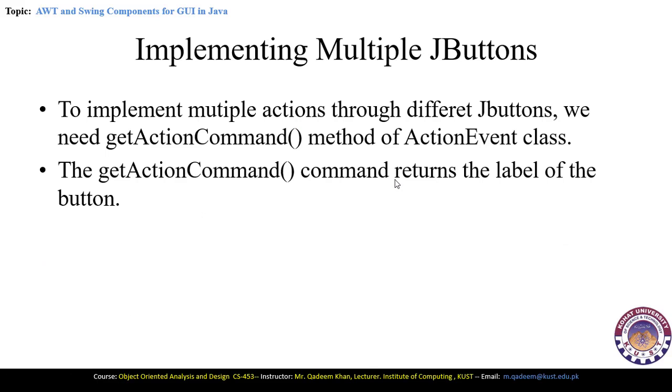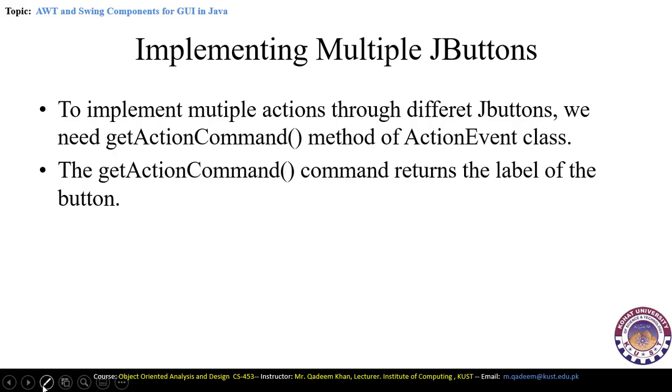This is the output. Now, when you require more than one button in your GUI, you also have to declare two different events or more. So to implement multiple actions for the different JButtons, we need the getActionCommand function, which is a method of the ActionEvent class. The getActionCommand returns the label of the button.